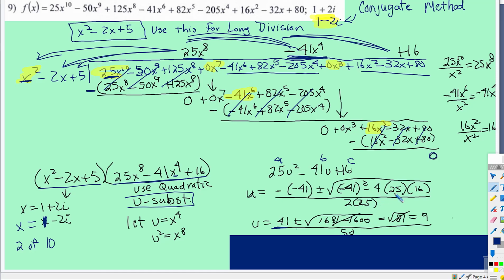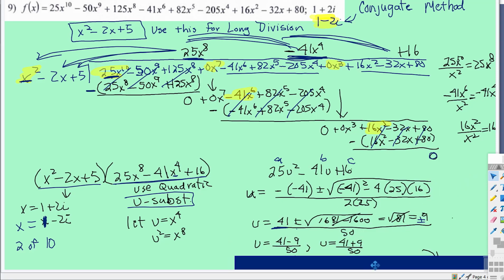Subtract 4 times 25 is 100. 100 times 16 is 1600. 1681 subtract 1600 is, you've got the square root of 81, which is plus or minus 9. And all of that is over 2 times 25, which is 50.